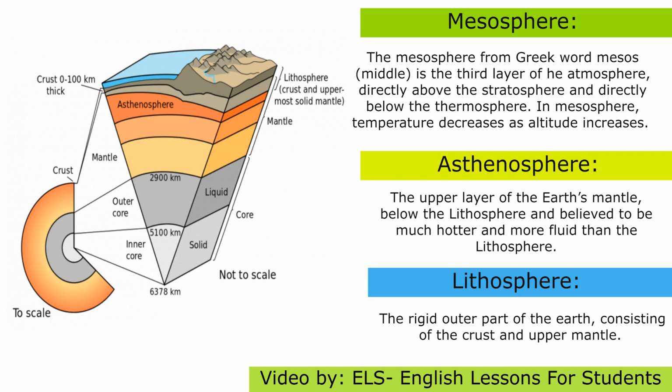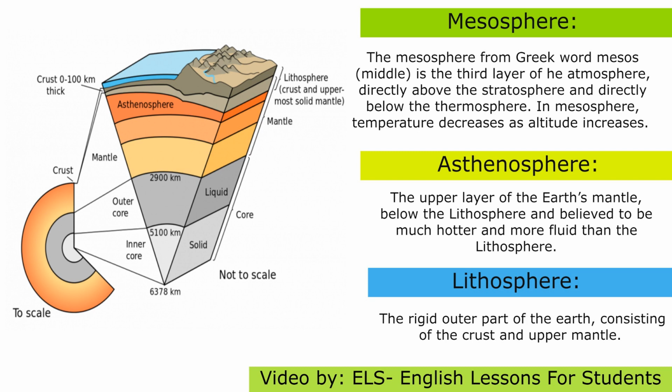Clear? Now come to the asthenosphere. The asthenosphere is the upper layer of the earth's mantle below the lithosphere and believed to be much hotter and more fluid than the lithosphere. Clear, students?